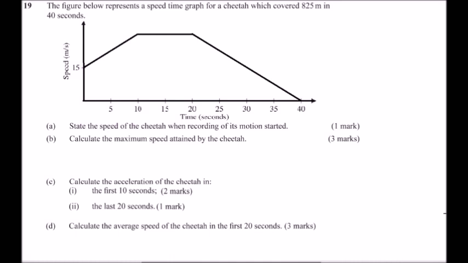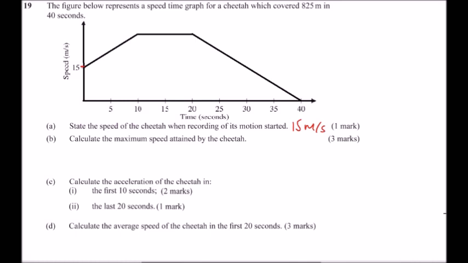So part A, state the speed of the cheetah when recording of its motion started. If you look at the graph, along the y-axis, the speed was 15 meters per second the time the recording started.